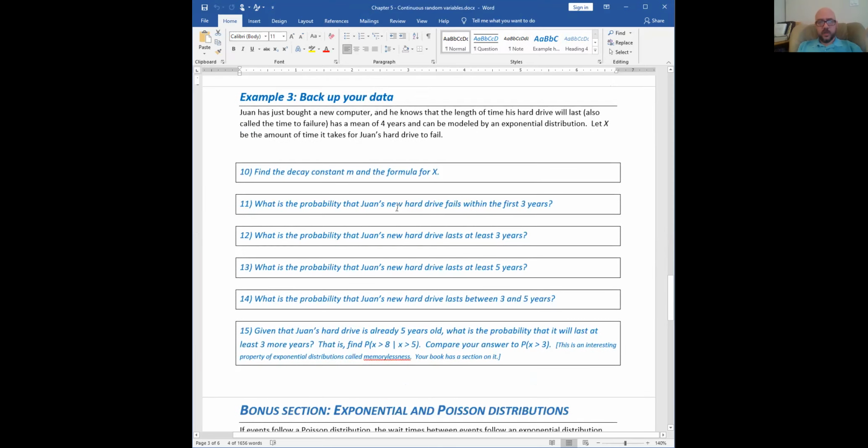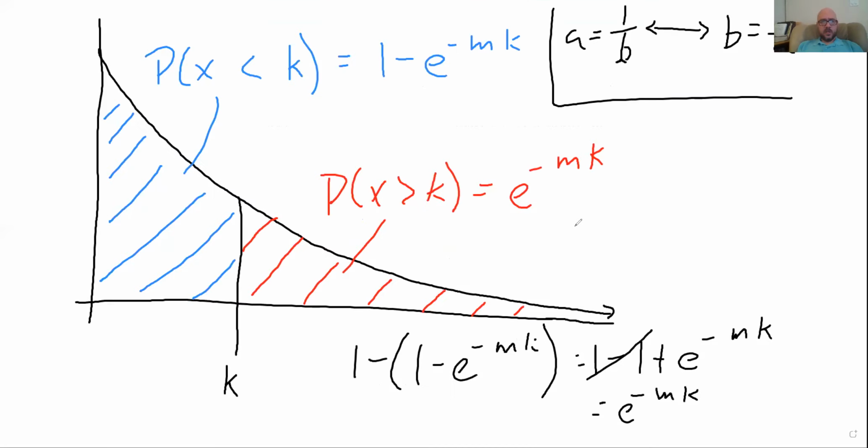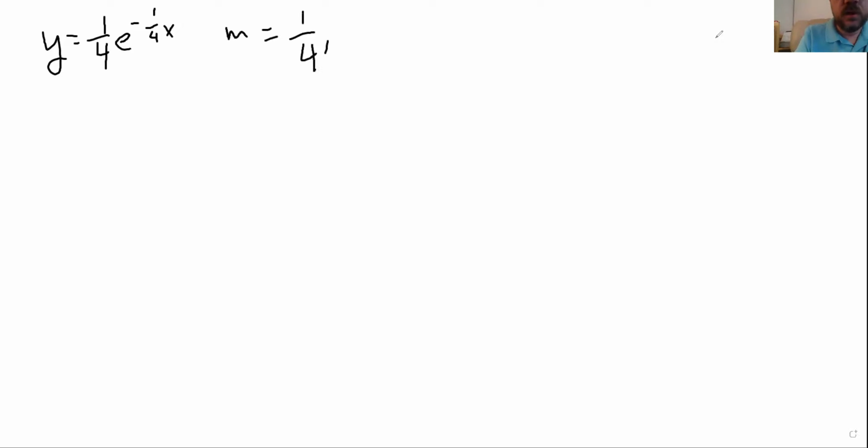What's the probability that Juan's new hard drive fails within the first 3 years? All right, time to draw a picture. I'm just going to erase all this. So let's write down the formula: y equals 1/4 e to the minus 1/4 x, m equals 1/4, and mu is 4.